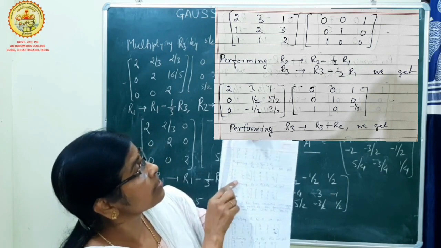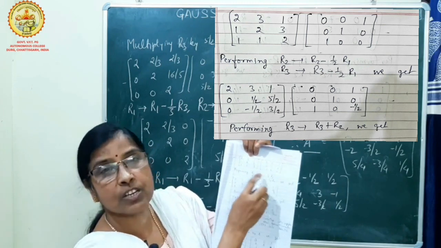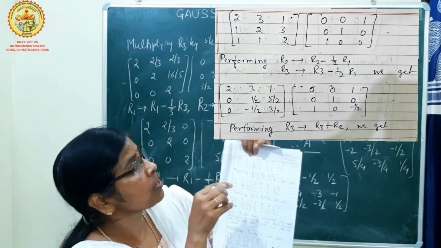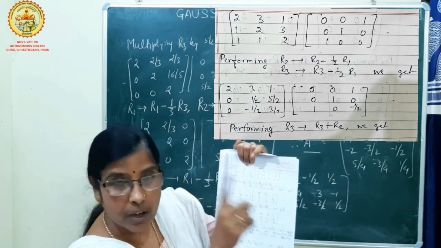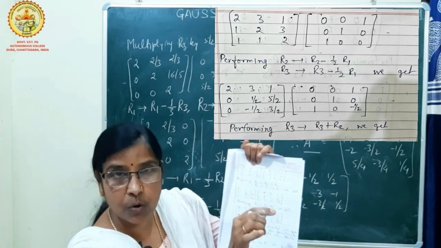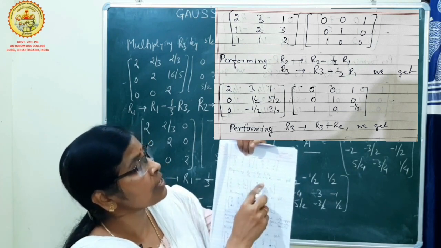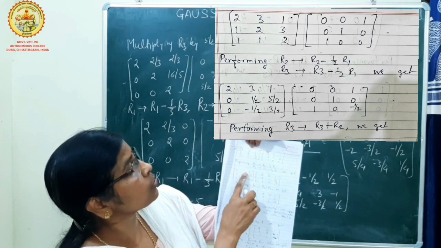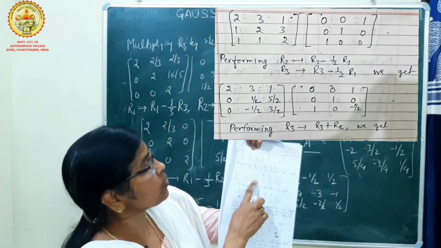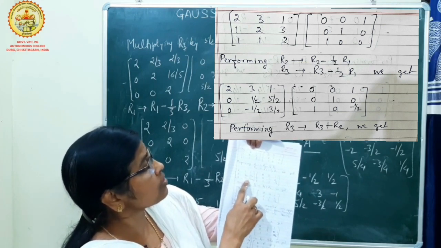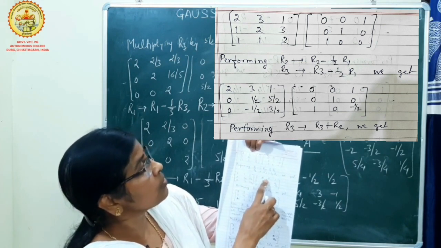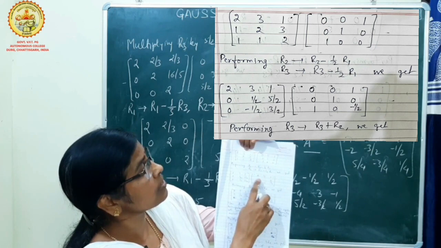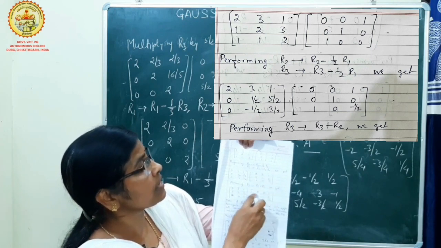After this operation we get 2, 3, 1, 0, 1 by 2, 5 by 2, 0, minus half, 3 by 2. In the unit matrix component we get 0, 0, 1, 0, 1, 0, 1, 0, minus half.